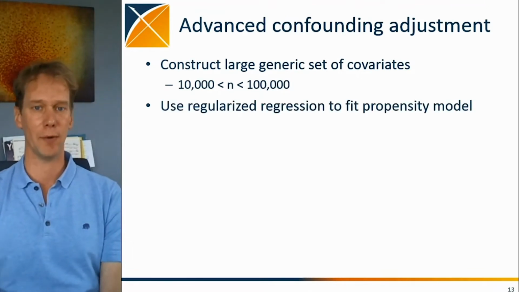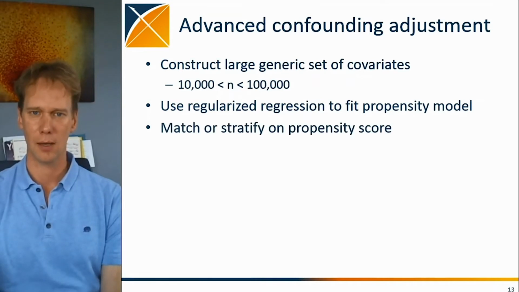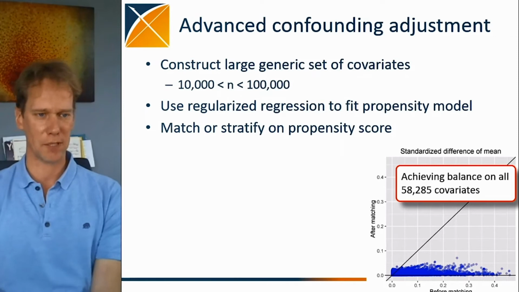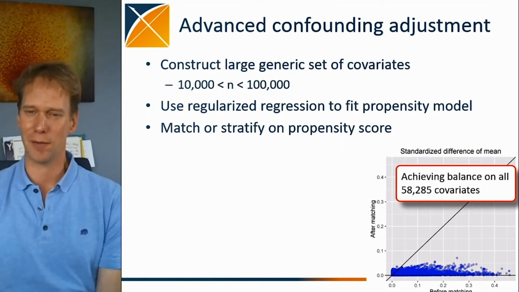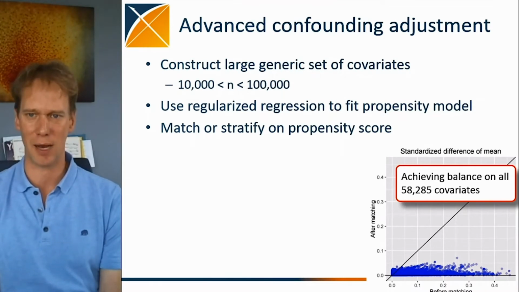We then fit a regularized regression model for the propensity model. We match or stratify on the propensity score. And what we've observed time and again, which I find very fascinating, is that we typically achieve balance on all covariates.